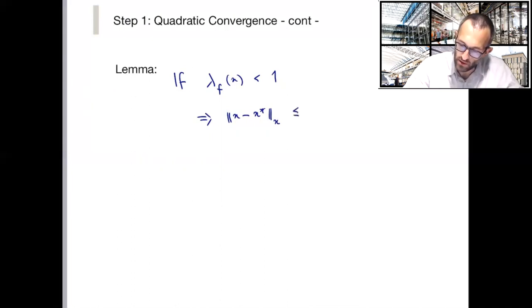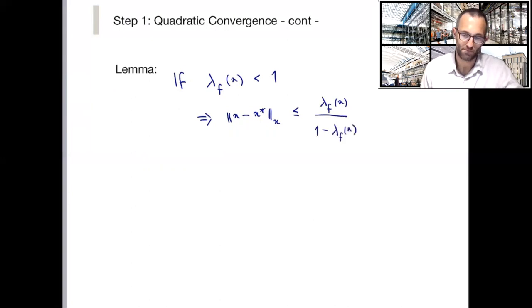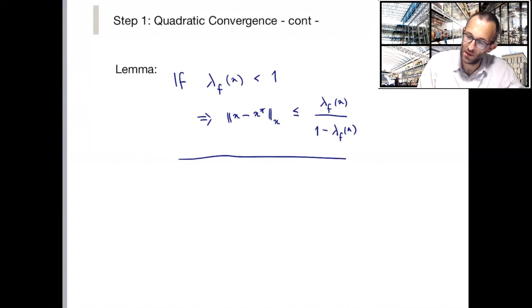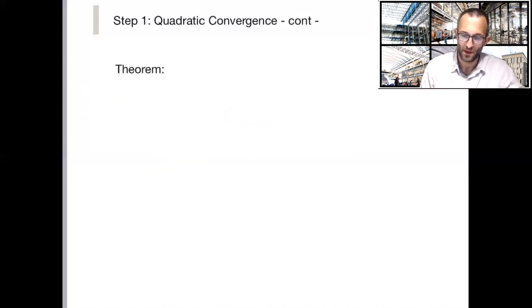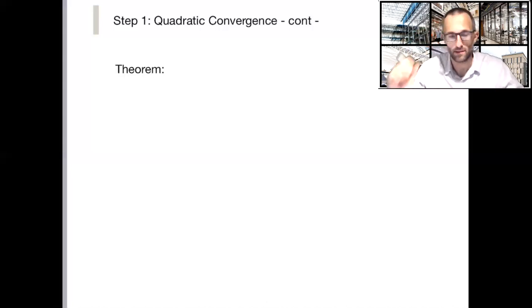This is at most something that's controlled, again, by a similar quantity. So this is what replaces that first condition that we had for Newton. And then the theorem guarantees that we have quadratic convergence as long as x is close enough to x star.